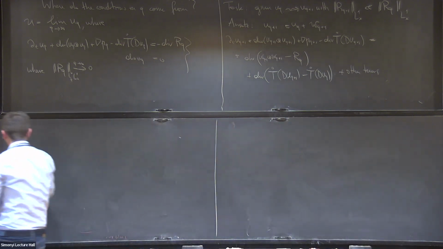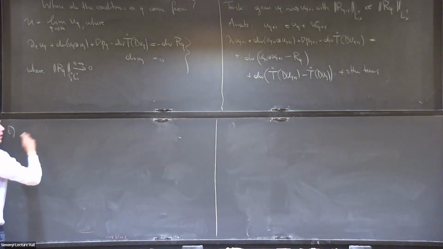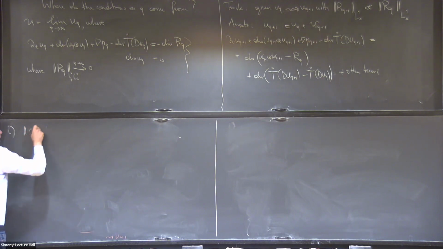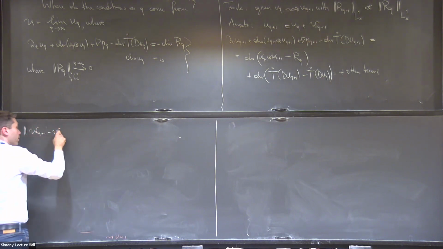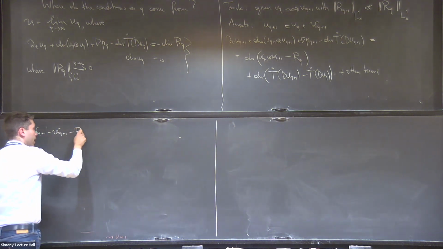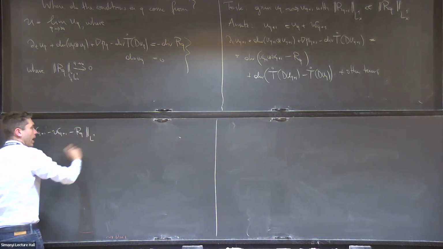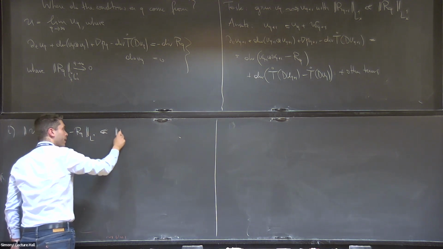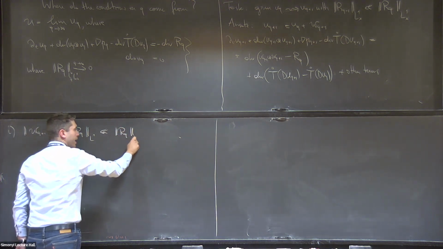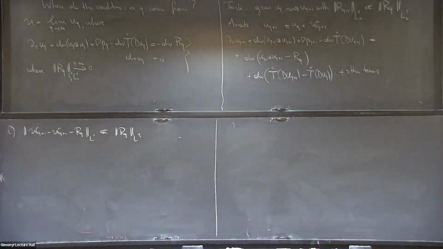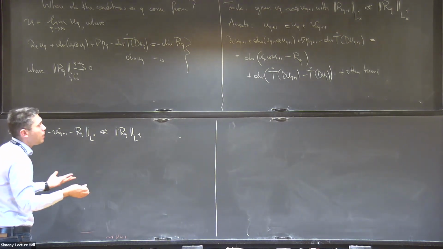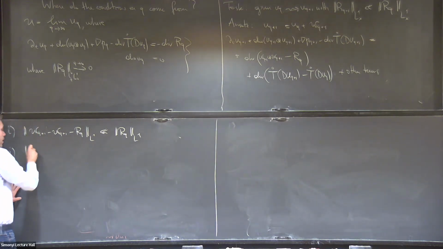So let's see. We want, first of all, as I said, this first line, W_{q+1} minus R_q, in, let's say, L1 to be much smaller than the old error R_q. This is the first requirement. So we want a W such that this, roughly speaking, holds. And then the second requirement is that we want a W for which also the second line is small.